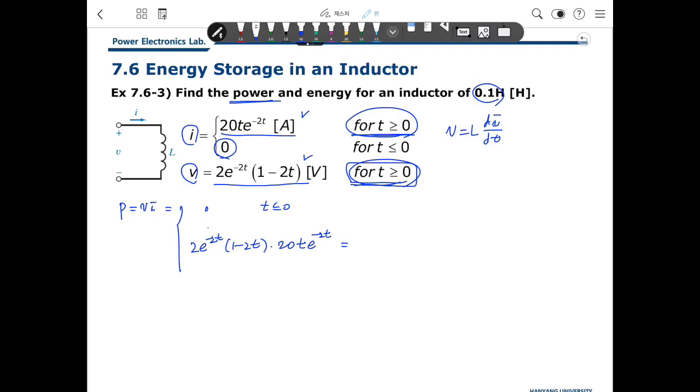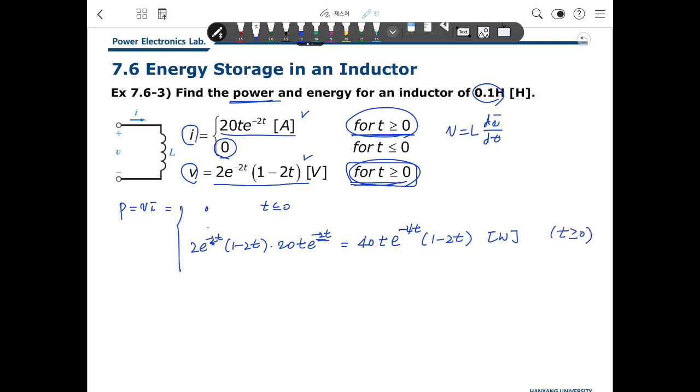Then we can simplify. That's 40 t exponential minus 2t, and minus 2t minus 40 (1 minus 2t) here. So what is the unit over here?